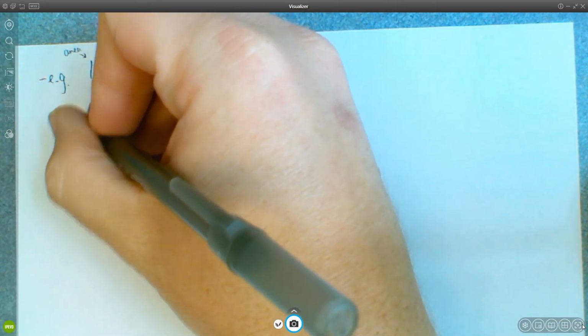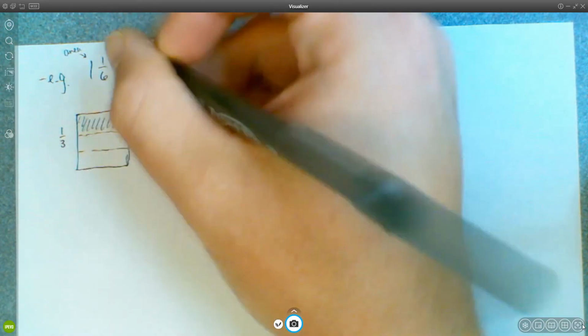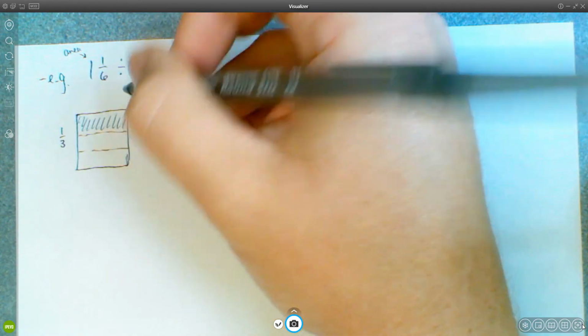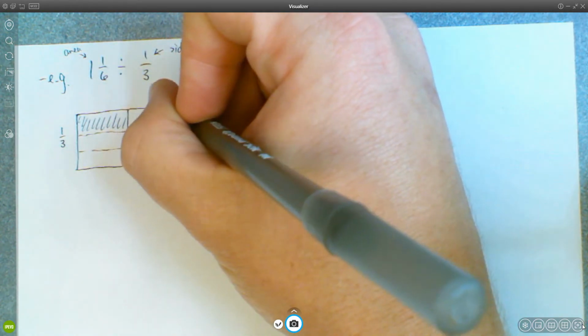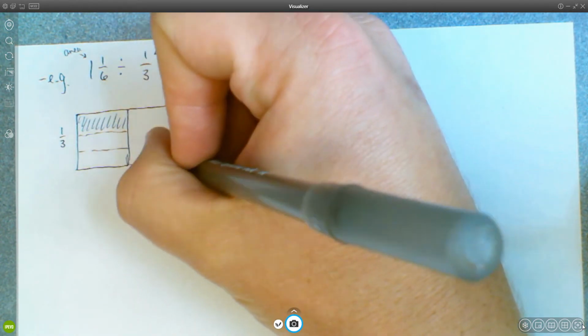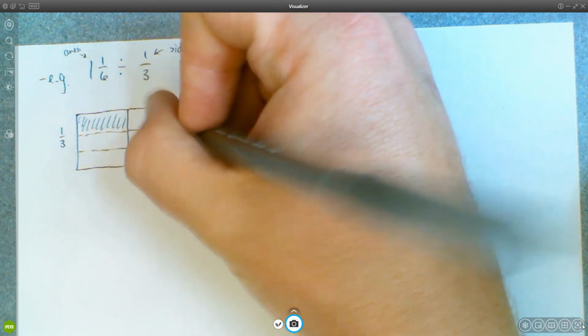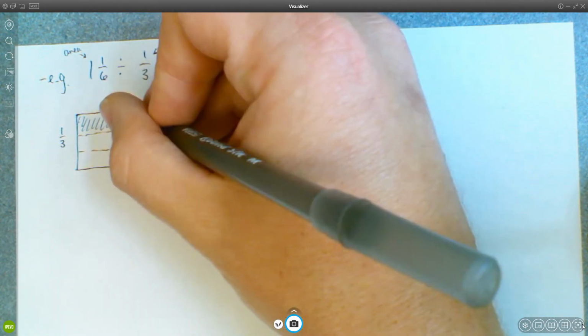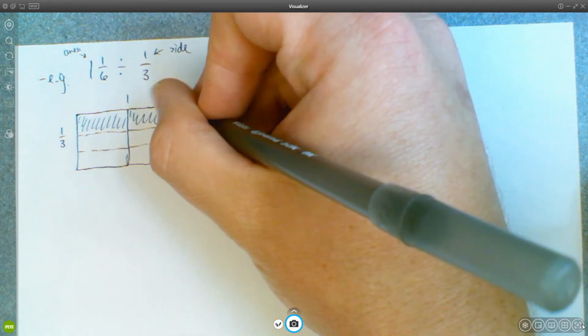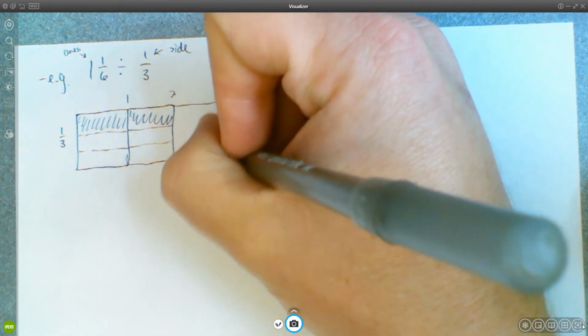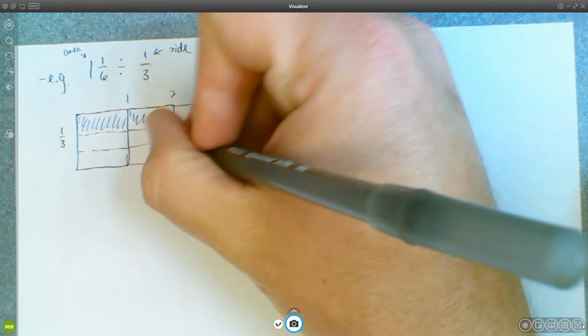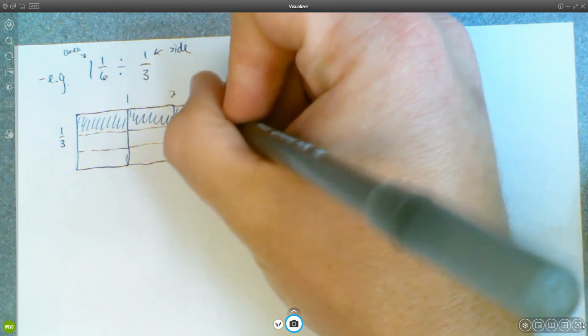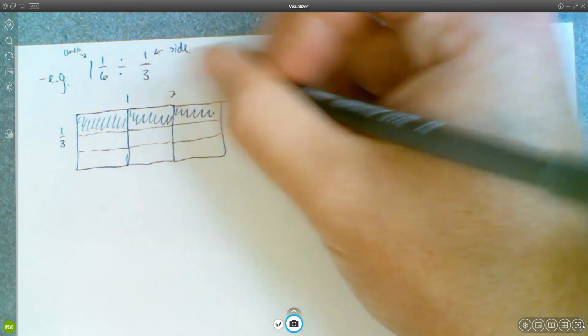So obviously, if I take the full third, that's not enough. 1 1/6 is more than 1, so I know I'm going to need at least 4 copies, 4 units, right? Right, because that gets me 2/3. 3 copies will get me to 3/3, which is 1.